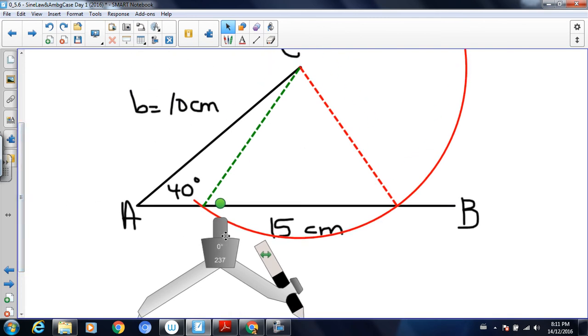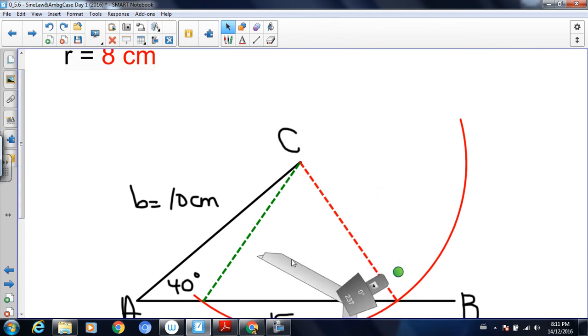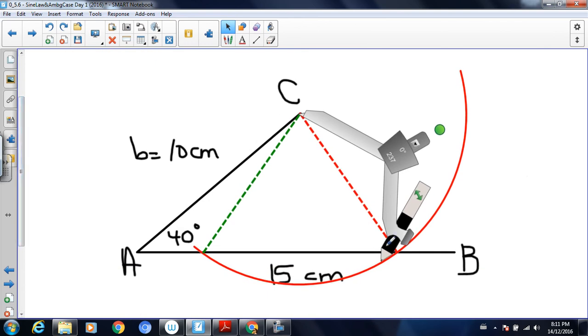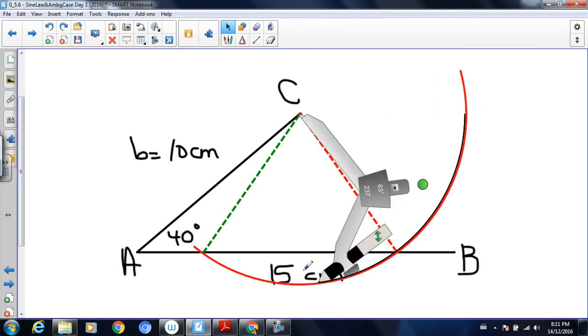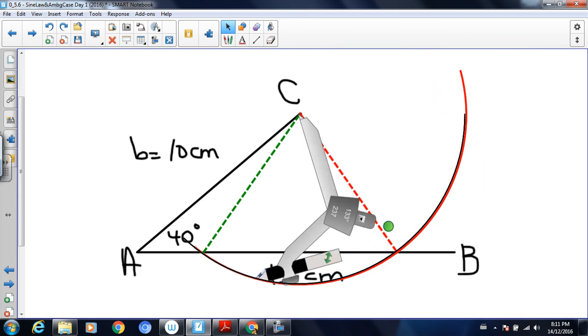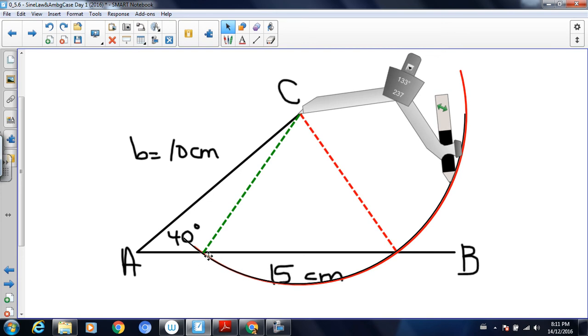When I bring this up to my point C, I will go ahead and draw, and you can see that yes, this does intersect line AB, and it actually intersects it at 2 specific points. It intersects here as well as here. Now how many triangles does this create?